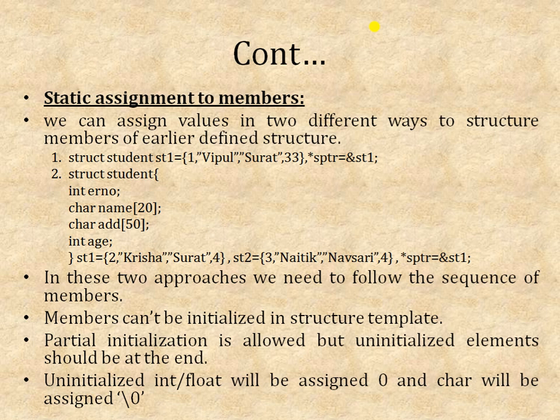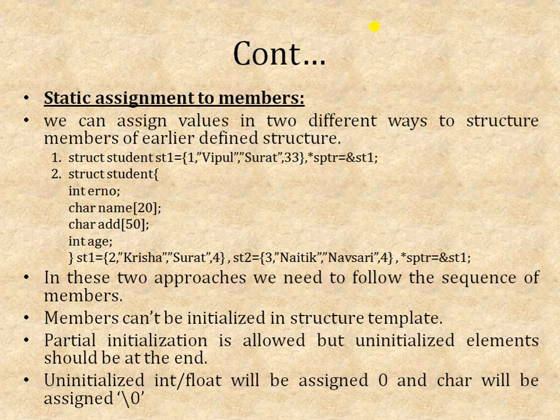The same thing I can do in another way, that is struct student, integer enrollment number, character array name of 20 characters, character array address of 50 characters, integer age, st1 equals to the values I need to write down in the curly bracket, and the members which are of string type need to be enclosed within double inverted commas.